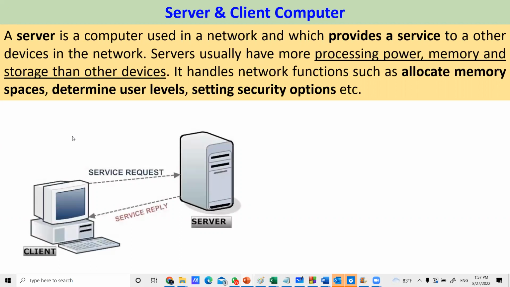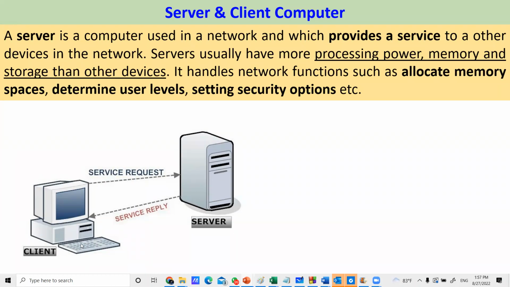Here, look at the diagram. This diagram shows the client-server computers. On the right-hand side, you can see this somewhat large box that is called the server. The server provides the services. Services are requested by the client computers. Clients are the computers that receive or use the services provided by the server.